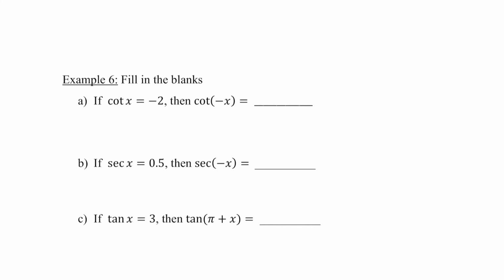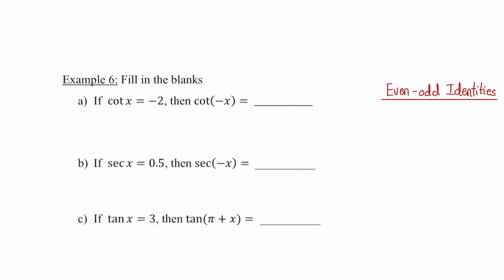Example 6. Filling the blanks. I have 3 questions. A. If cotangent x is negative 2, then cotangent of negative x equals. In this example, I have to use even odd identities.